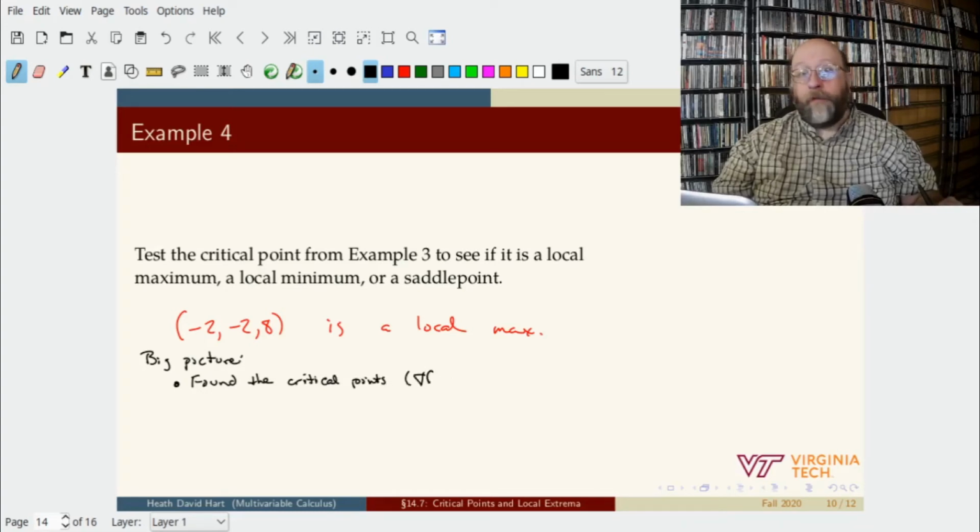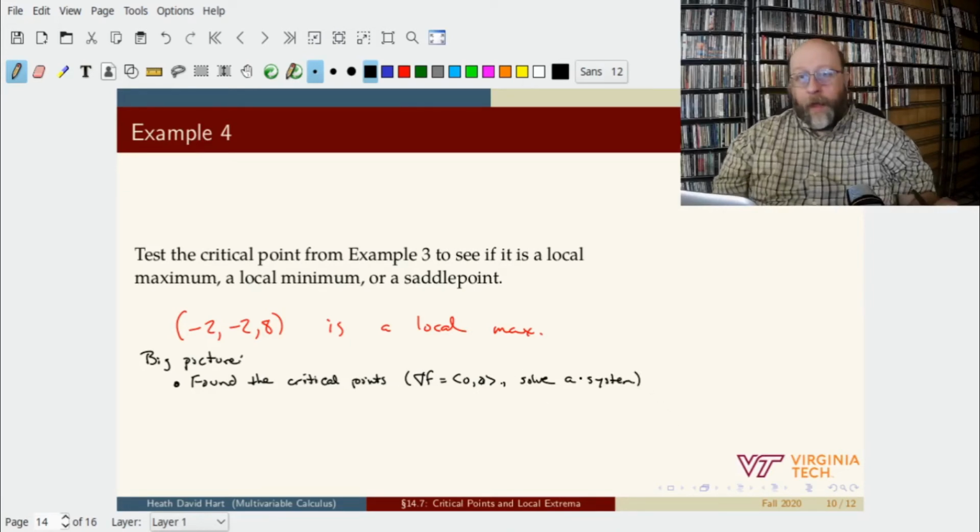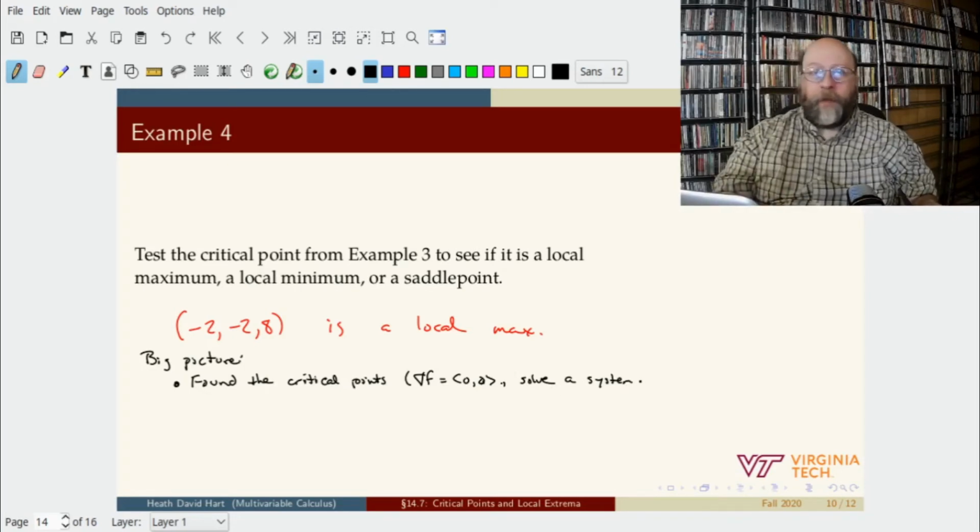And that involves setting the gradient vector equal to the 0 vector. And that involved solving a system. And in some cases, it might involve also checking for places where the derivative's undefined.